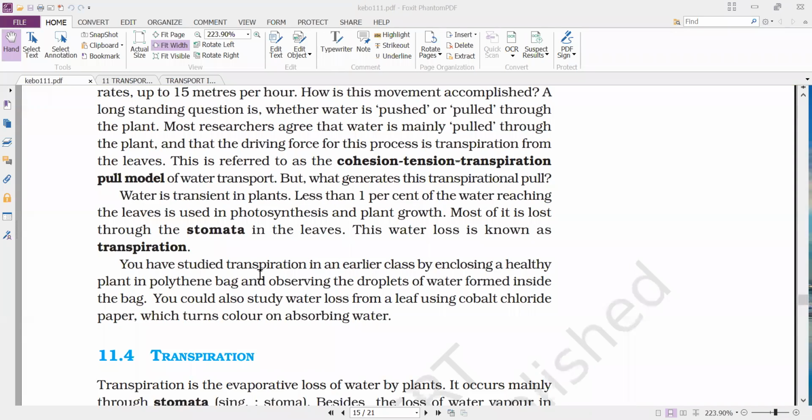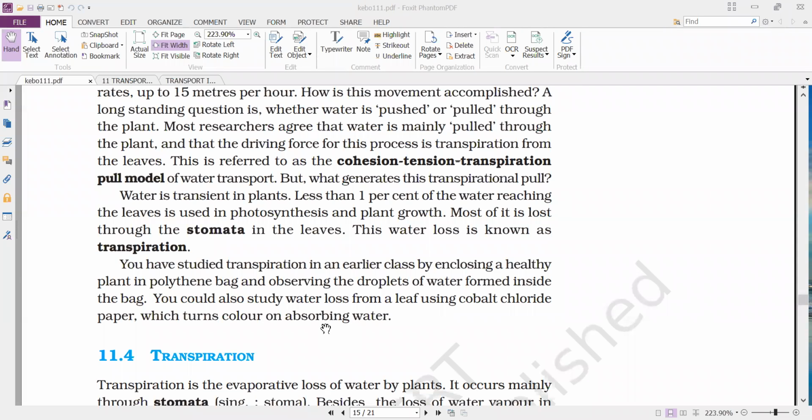You have studied transpiration in an earlier class, by enclosing a healthy plant in a polythene bag and observing the droplets of water formed inside the bag.